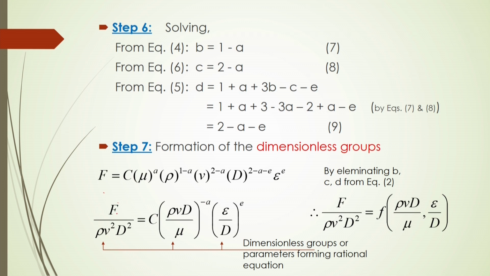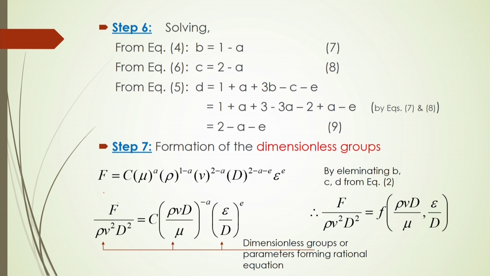Very interesting, how many dimensionless groups are actually formed here? You have to remember how many total variables there are in your experiment. Suppose there are 6 variables, 1, 2, 3, 4, 5, 6. Then what are the fundamental dimensions?